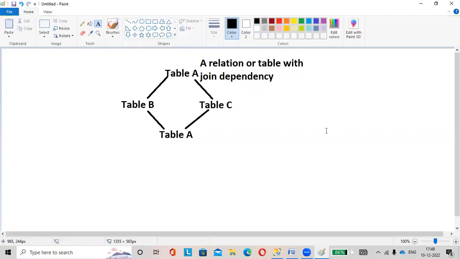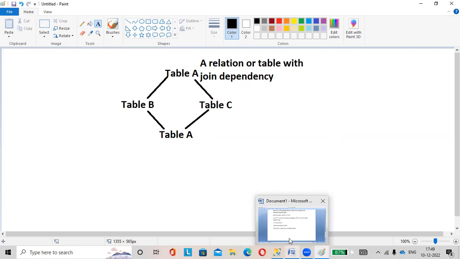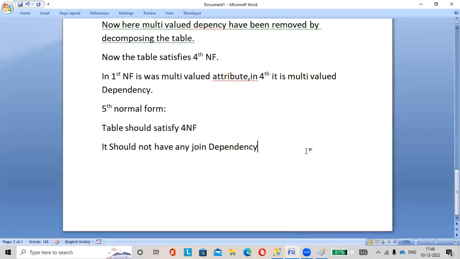What does fifth normal form state? If we are decomposing a table into two parts, again if we join that same table information, we need to get it back. We should not delete any rows. We should not add any rows. Rows are also known as records or tuples.